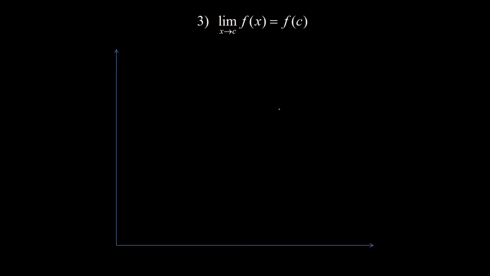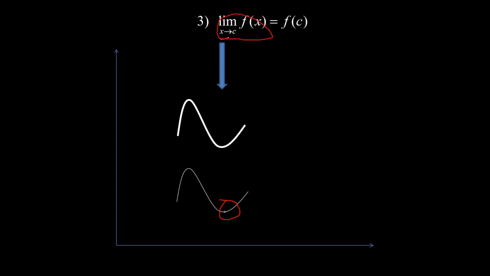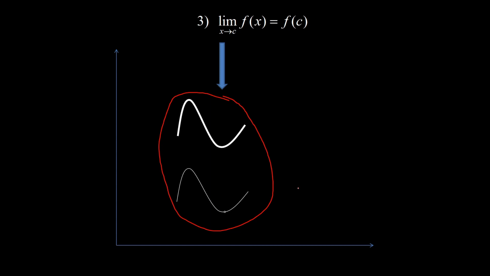And then for the third property here, there's not really a graph to show, but more of what these are outputting. We just talked about that if the two-sided limit exists, then we either have a solid line or we have a line with a hole in it.